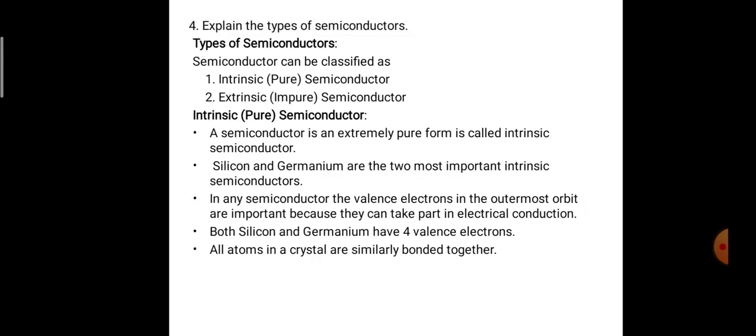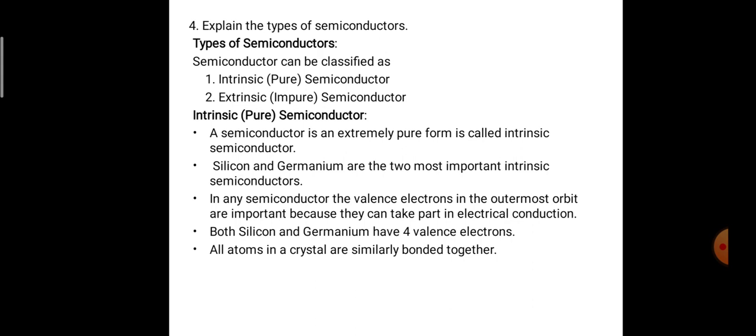Next question. Explain the types of semiconductors. There are two types of semiconductors. First one is intrinsic semiconductor. It is also called pure semiconductor. The second one is extrinsic semiconductor. It is also called impure semiconductor. Intrinsic semiconductor. A semiconductor in an extremely pure form is called an intrinsic semiconductor.